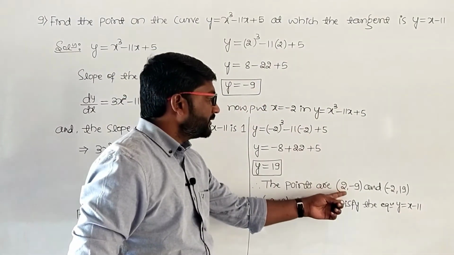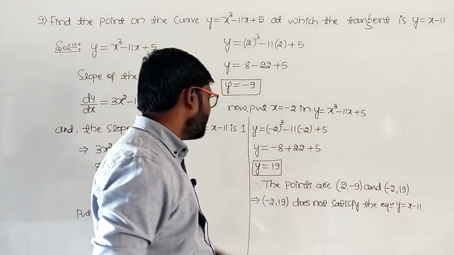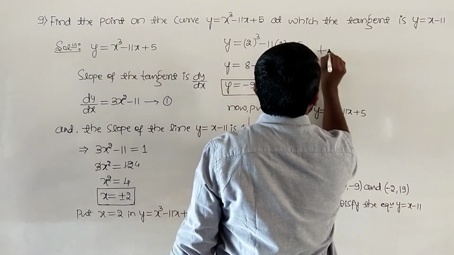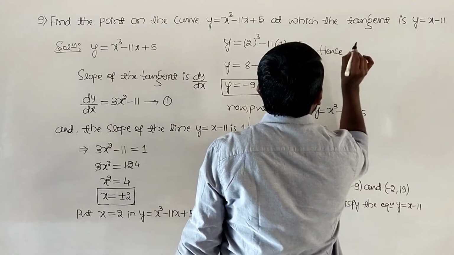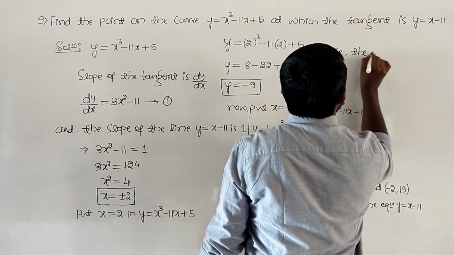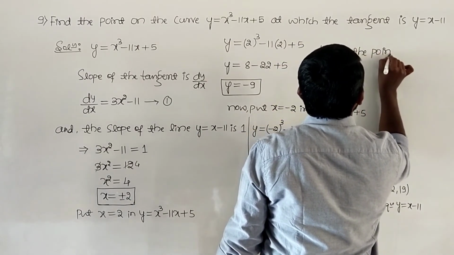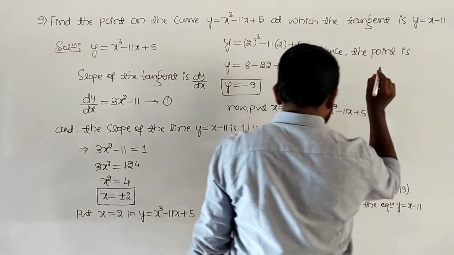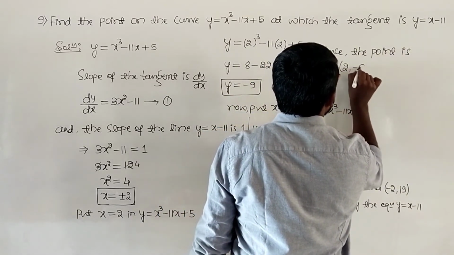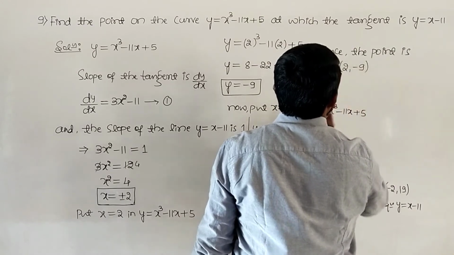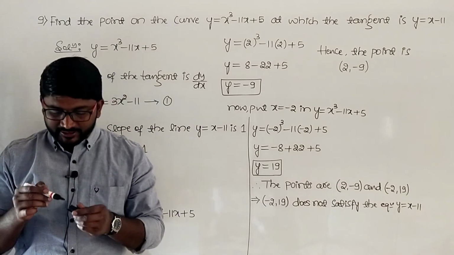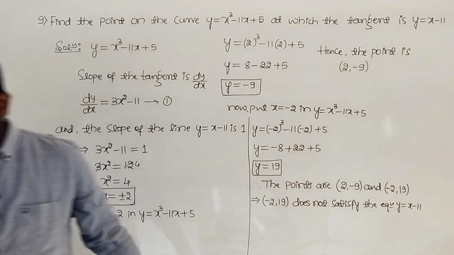So therefore the only point is going to be 2 comma minus 9. That we will have to write here. Hence the point is 2 comma minus 9. So this is all about the 9th problem. So write down this and then we'll move on to the 10th one.